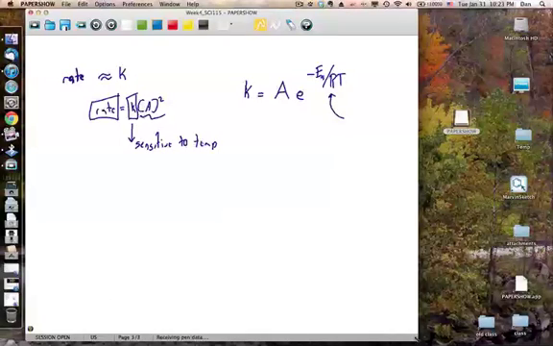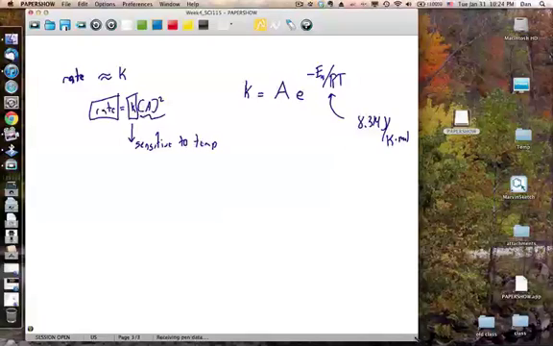Again, we've seen this before. This is the universal gas constant. But here we're talking about in terms of joules. Again, when you deal with energies, we usually deal with joules, which is 8.314 joules per Kelvin mole.